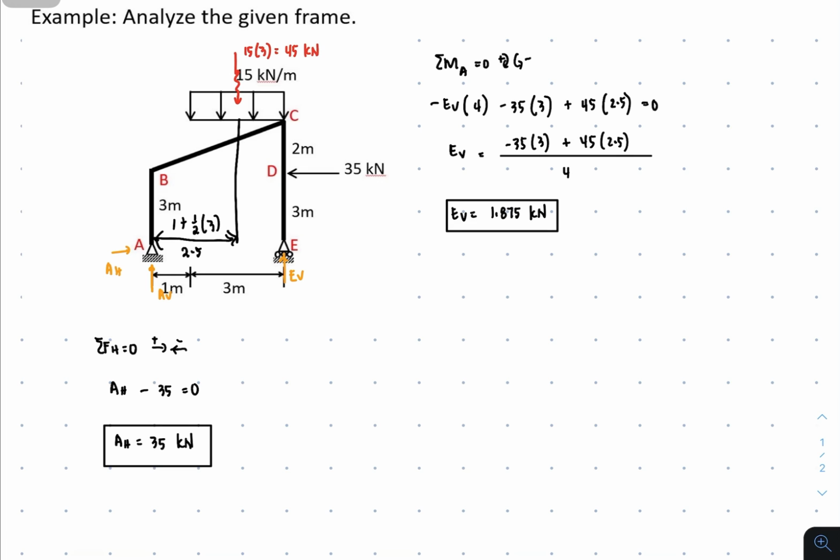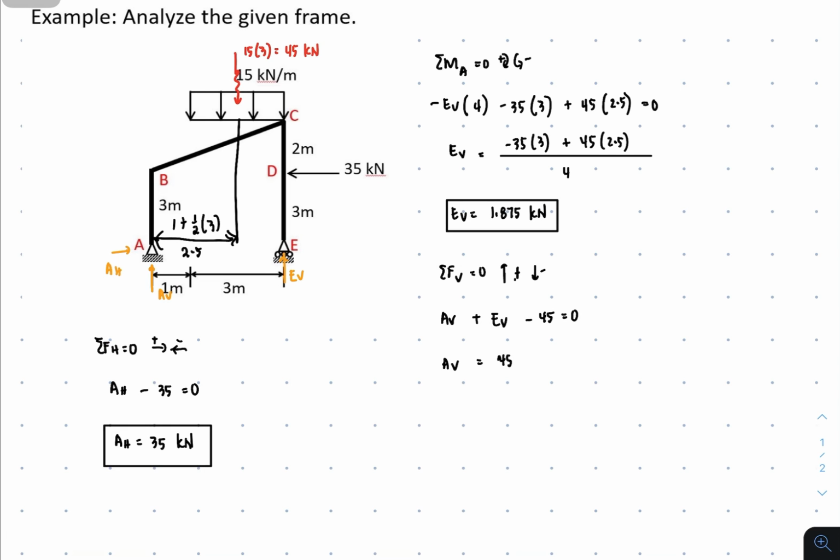Okay, so the last equation is summation of forces vertical equal to 0. So upward positive, downward negative. So you have AV upward plus EV upward, then minus 45 equal to 0. So we'll have AV and transpose EV and 45 to the other side.